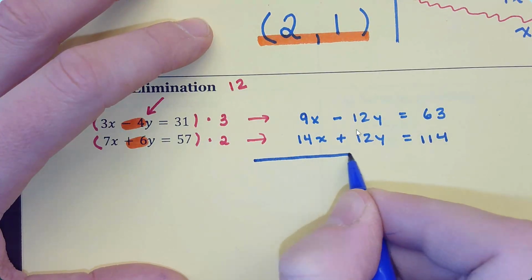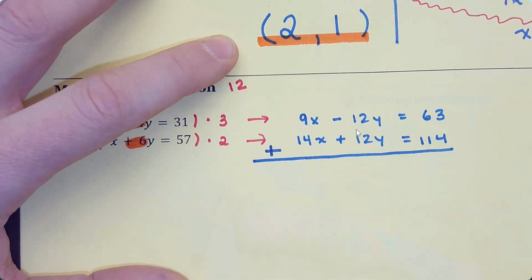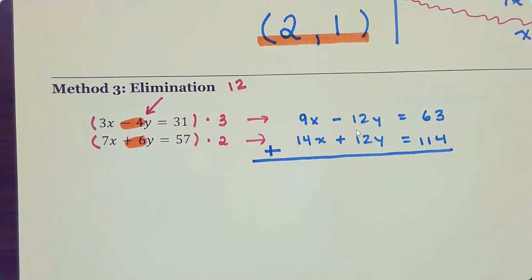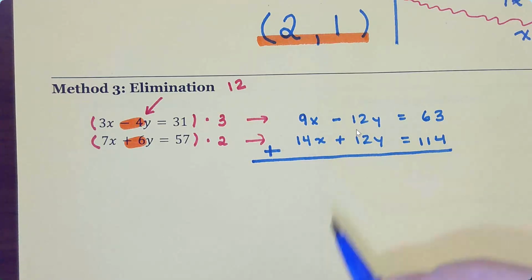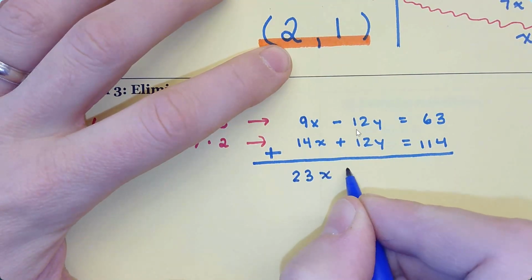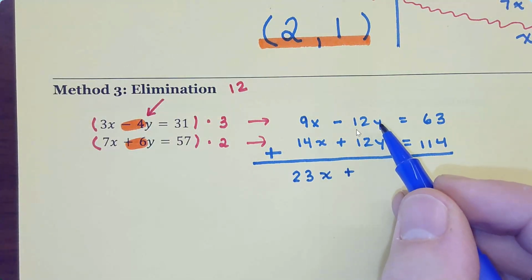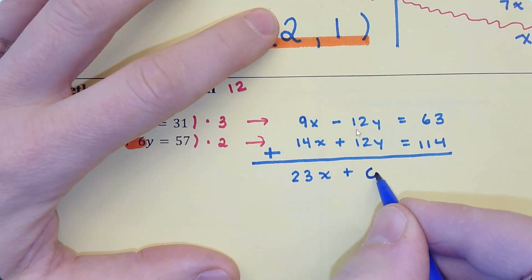Take the two equations that you got right here, add them together. When we add them together, right here we're going to get 9x's plus 14x's is 23x. Plus, this is the key right here, negative 12y plus 12y is 0. The y's disappear.